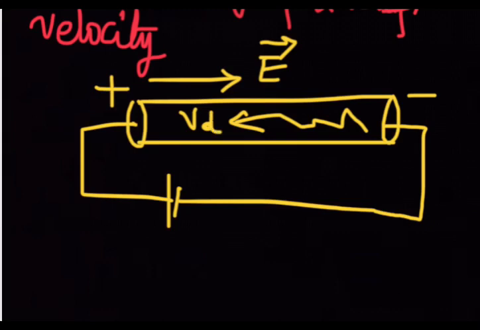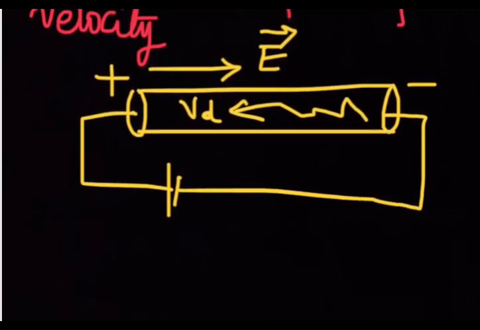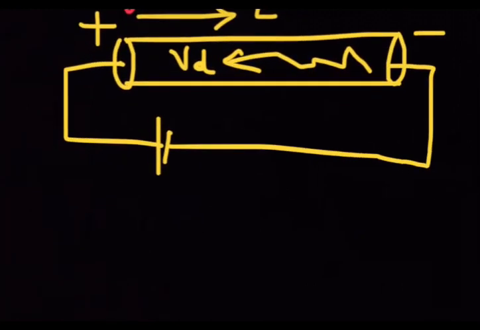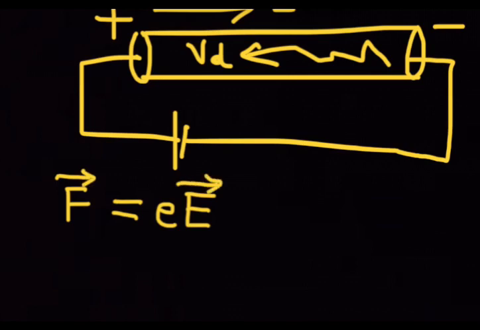In electrostatics, we have learned that if E is the electric field at a point and e is the charge on the electron, then the force experienced by the electron is given by e into E, where small e is the charge of the electron and capital E is the electric field.